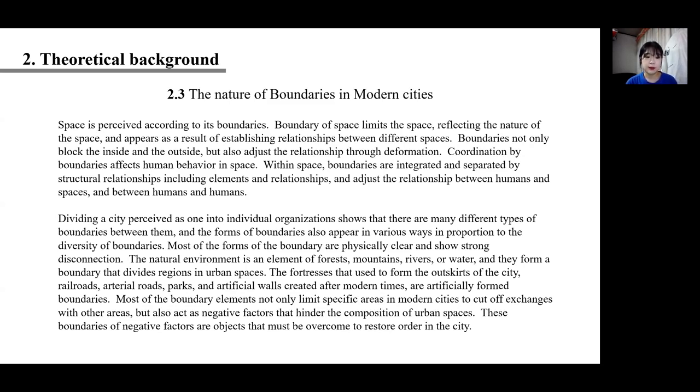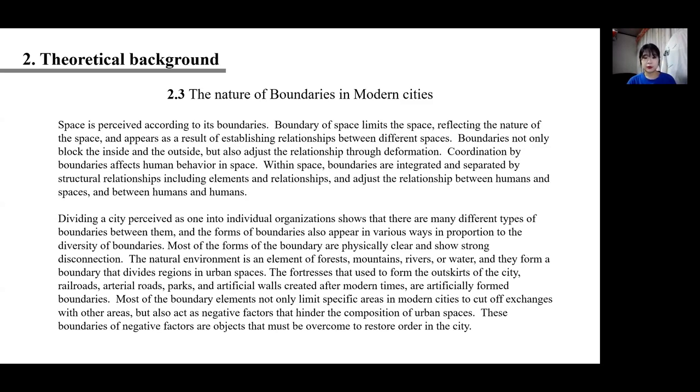Dividing a city perceived as one into individual organizations shows that there are many different types of boundaries between them. And the forms of boundaries also appear in various ways in proportion to the diversity of boundaries.